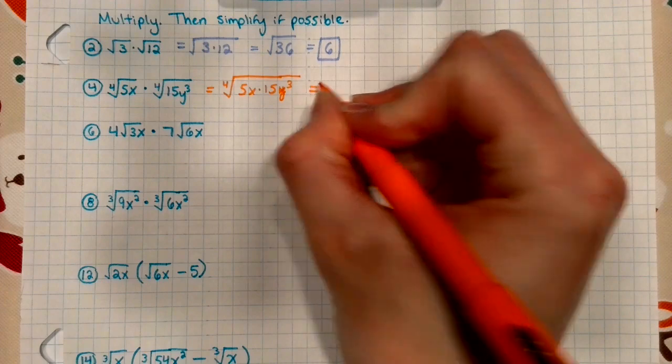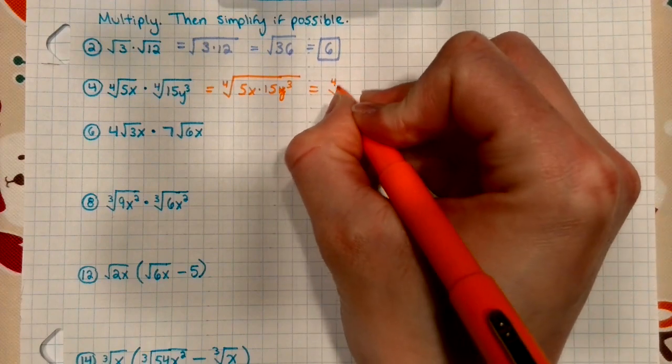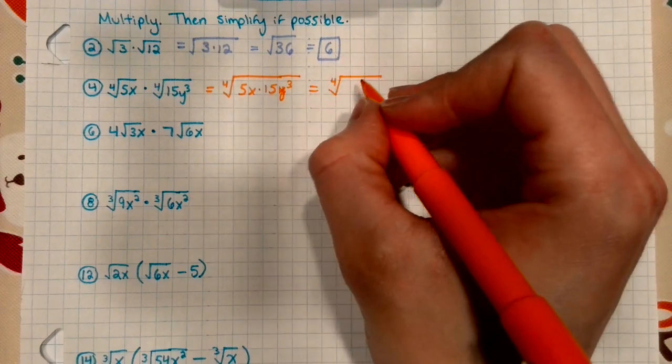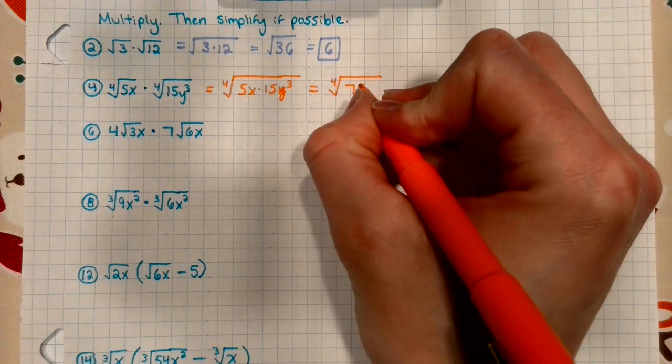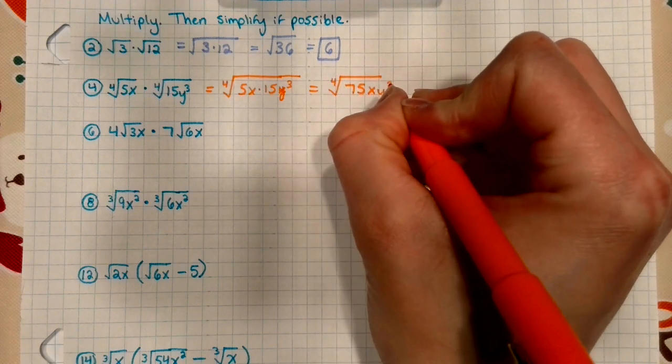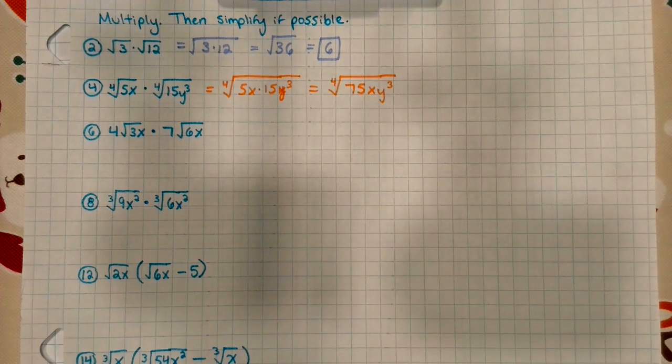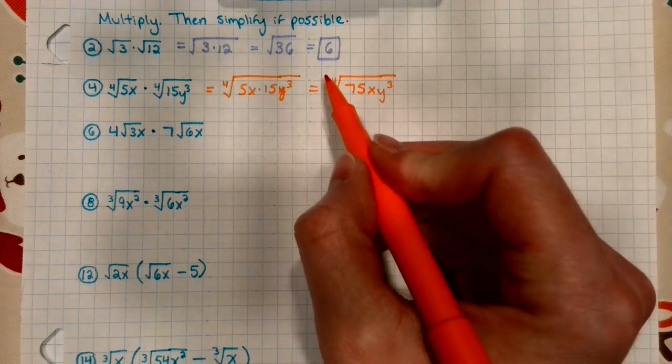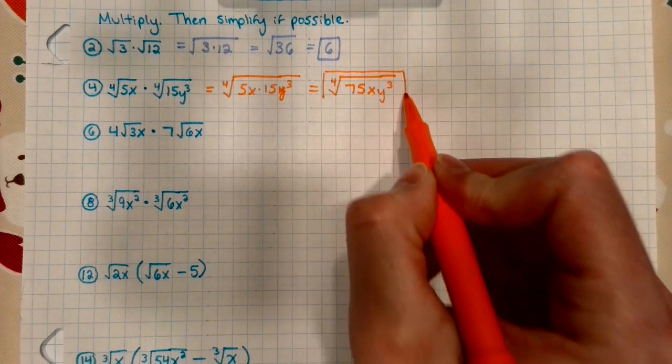And then multiplying this together, we'd have the fourth root of 5 times 15 is 75, and then xy to the third. And we cannot go any further with that. There is no perfect fourth root factor of 75. So this would be your final answer.